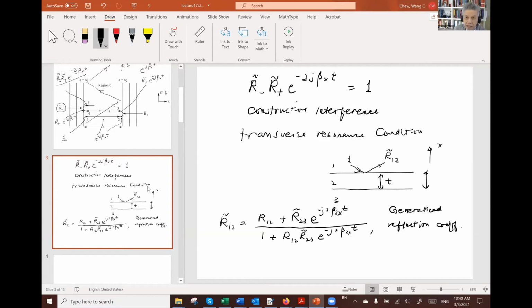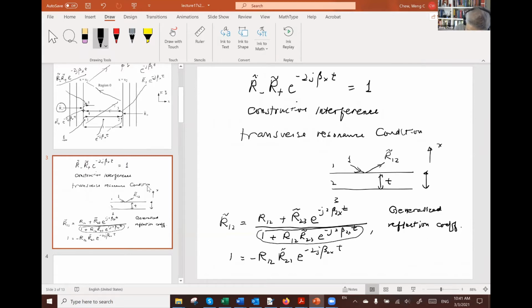And if you look at the denominator, when this goes to 0, it would mean that R12 tilde has an infinite value, and only when a guided mode exists inside this layered medium can R12 tilde go to infinity. So you see that the criterion for the existence of a guided mode is R12 R23 tilde e to the minus 2j beta 2 xt equals 1.